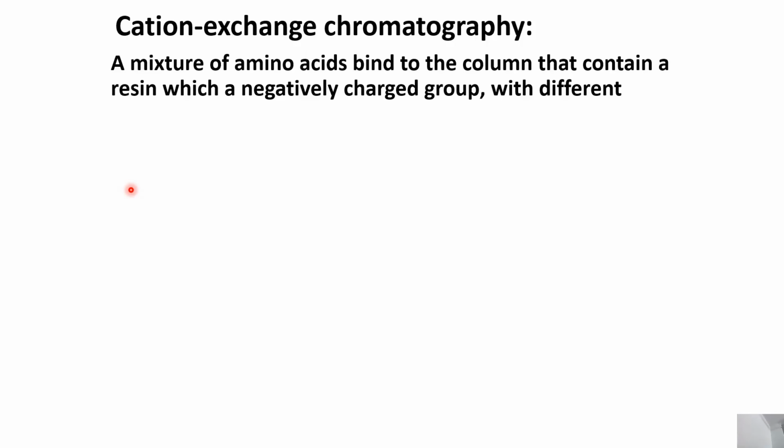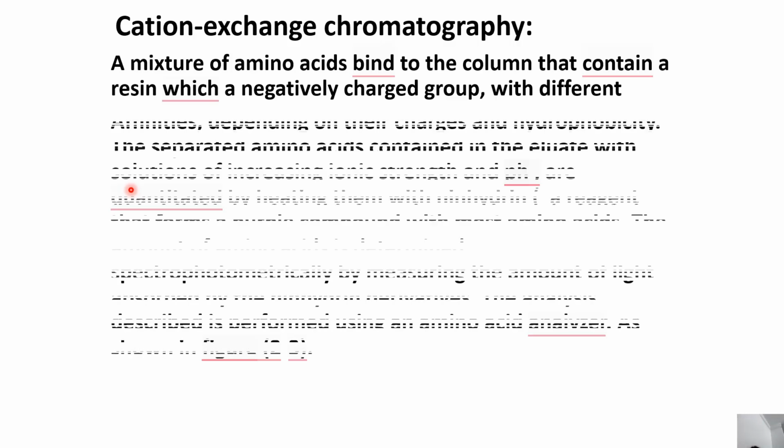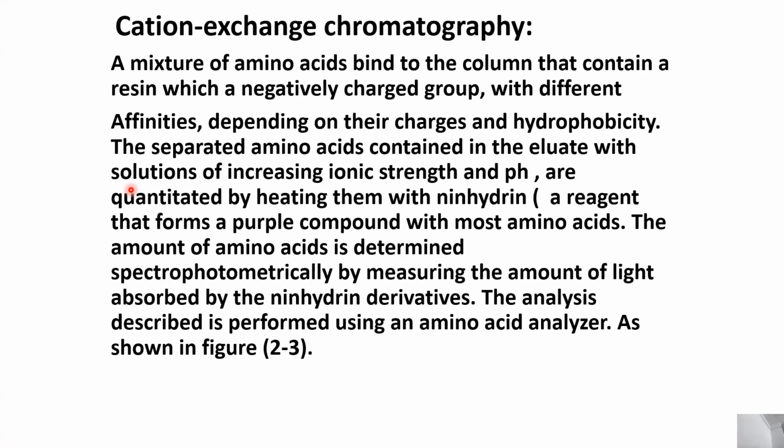So the mixture of amino acids binds to the column that contains a resin with negatively charged groups, with different affinities depending on their charge and hydrophobicity. The separated amino acids contained in the eluate, with solutions of increasing ionic strength, are quantitated by heating them with ninhydrin, a reagent that forms a purple compound with most amino acids.